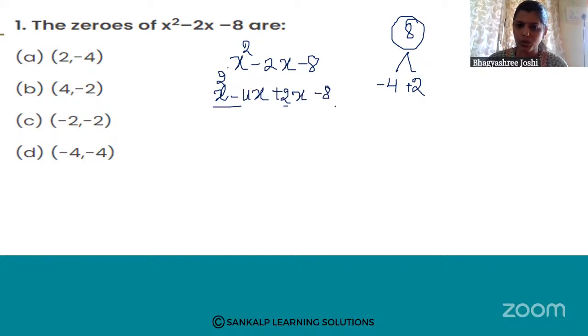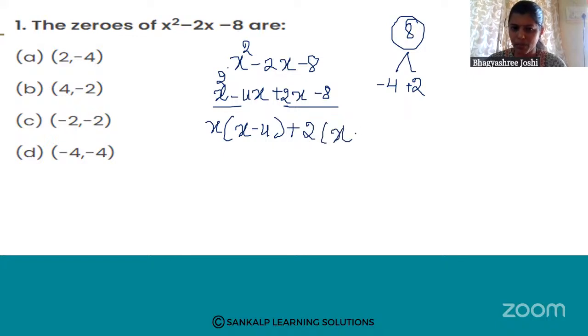Now, make two groups. Take common out. So here x square is there, x is there. So x is common here. Here x minus 4 I will get, plus 2x minus 8. 8 can be written as 4 into 2. That means here 2 is there, here 2 is there. Therefore, 2 is common here. Already I have taken 2 common, then what are we left with?